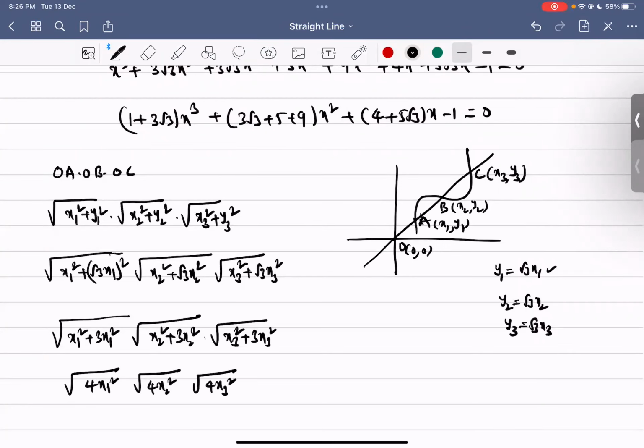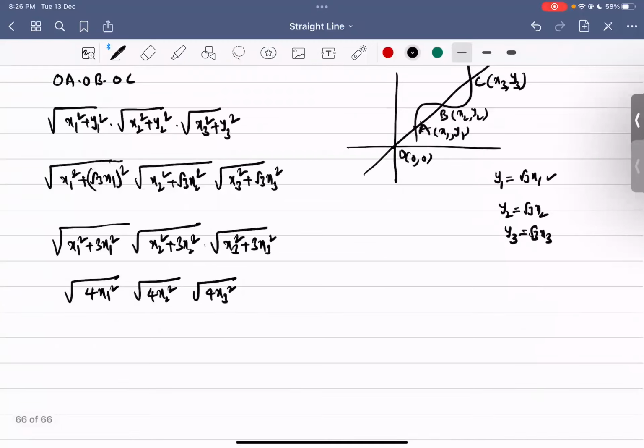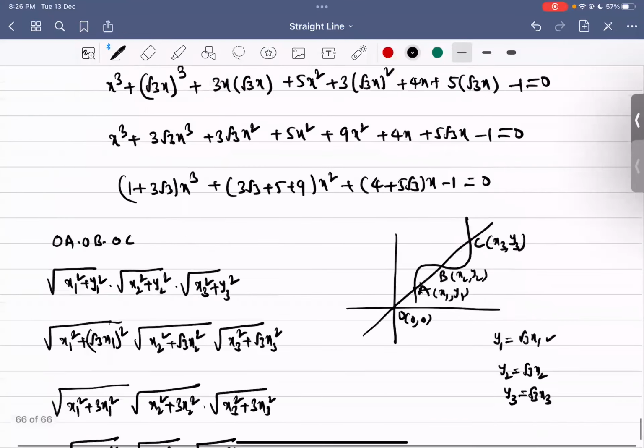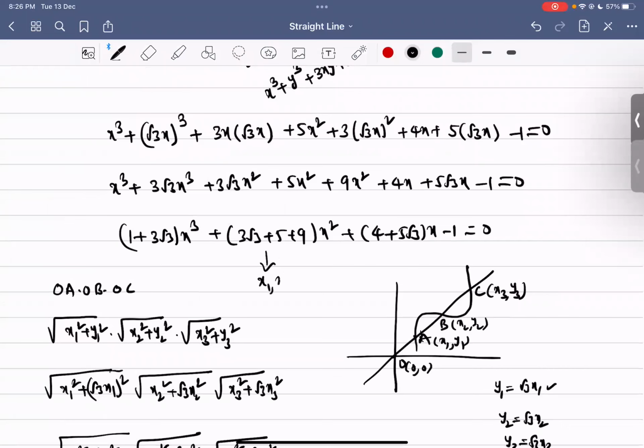We converted the question into a single variable. Now this is nothing but 2x1 into 2x2 into 2x3, that is 8 x1 x2 x3. So x1, x2, x3 are the roots of this cubic equation. The product of the roots is c by a, similar to the previous one.